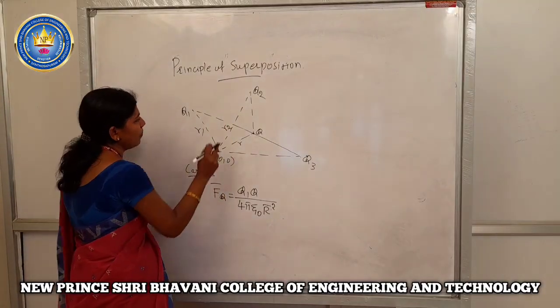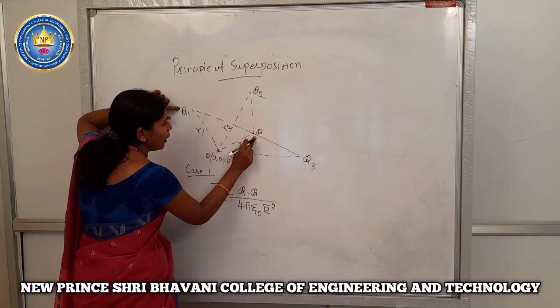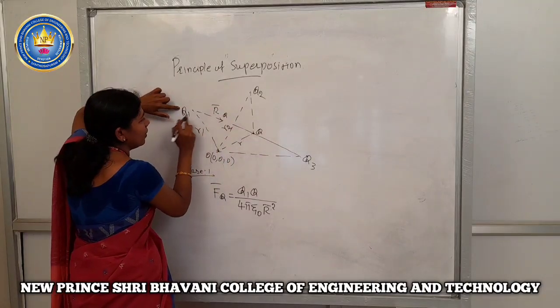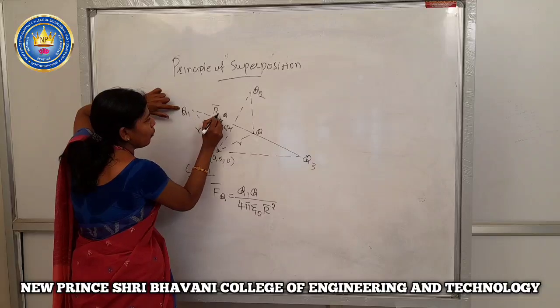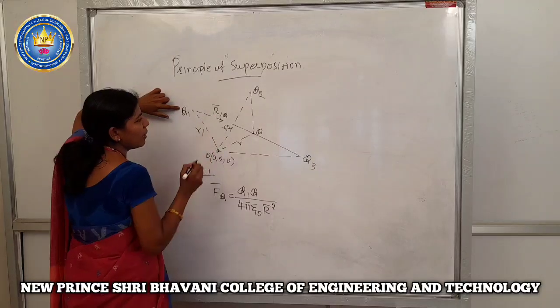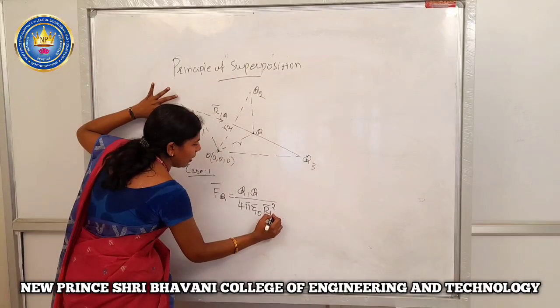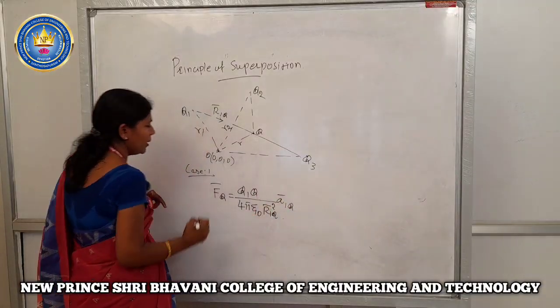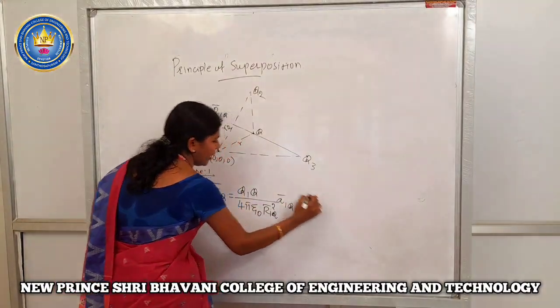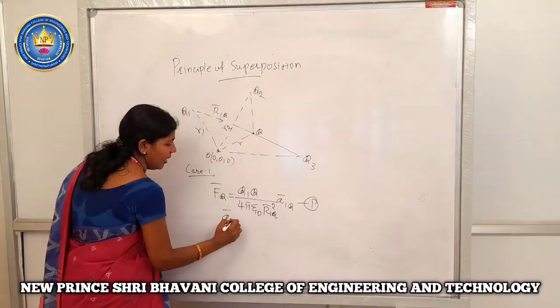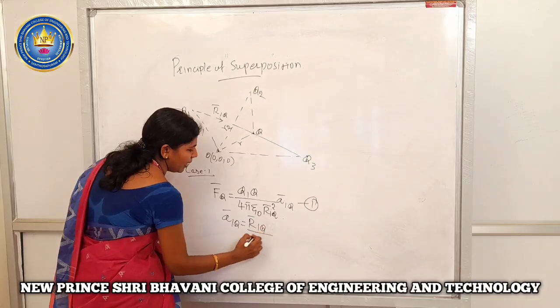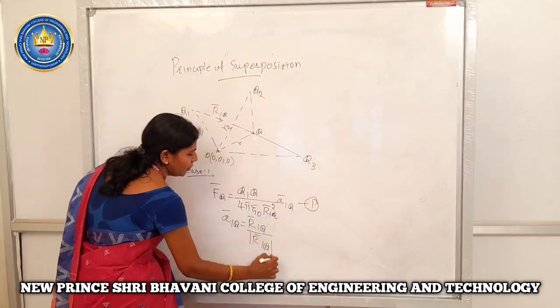Now Q1 exerts force on Q in the direction r bar 1Q. So r bar 1Q squared into a bar 1Q. This is equation number 1. Next, a bar 1Q is r bar 1Q divided by the modulus of r bar 1Q.